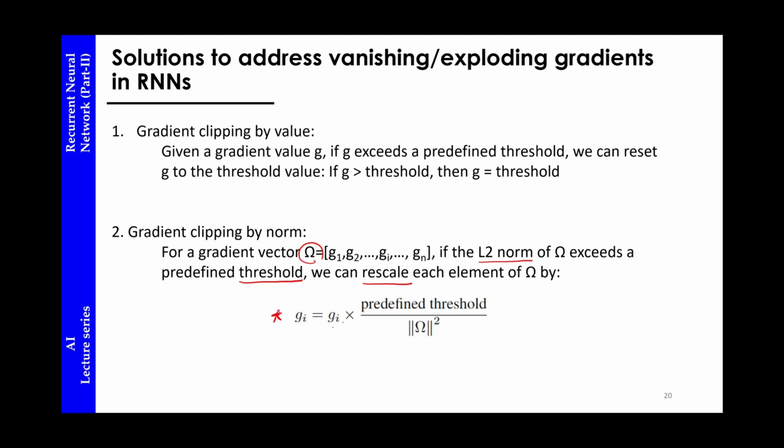This formula says just multiply each piece of the gradients by this fraction: the threshold divided by the norm 2 of omega. Omega is a gradient vector.